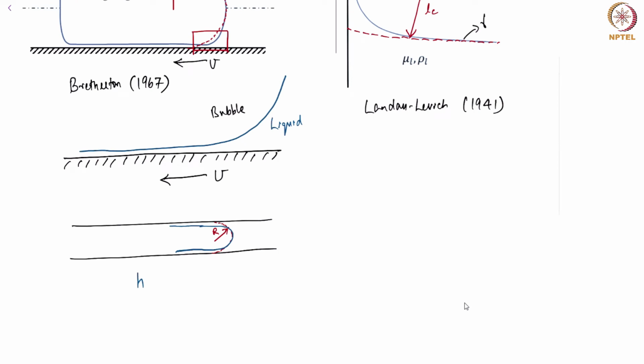One, you do not have gravity. And two, the meniscus curvature is the radius of the tube rather than the capillary length.